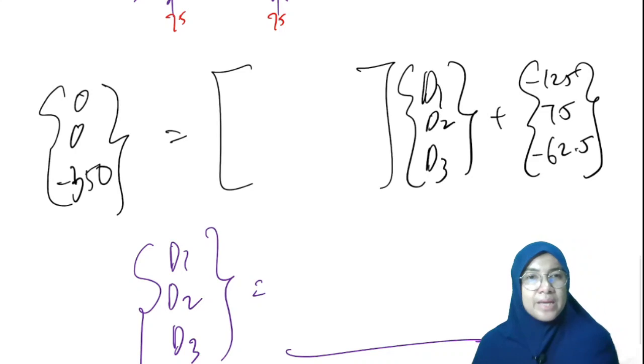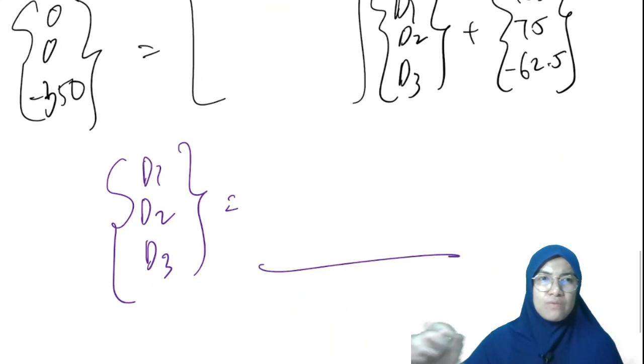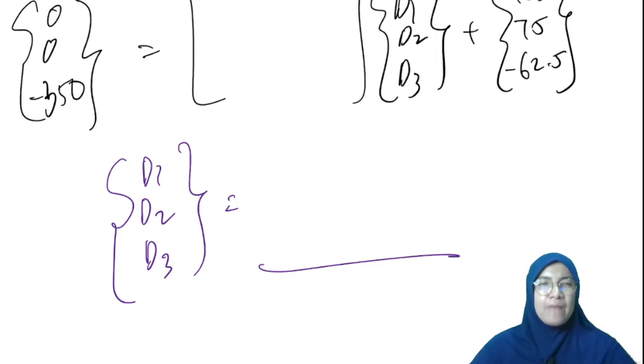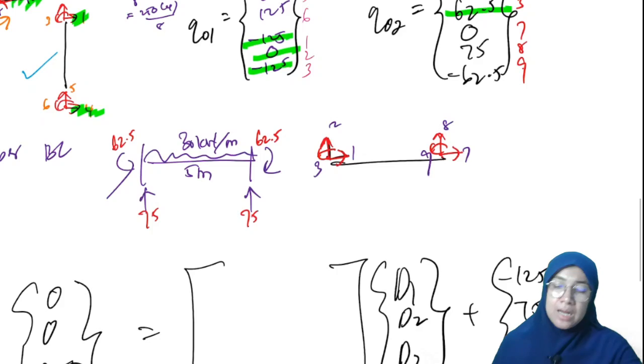Okay, I think that's all for this session. I believe every one of you has understood truss and beam. Frame analysis will be similar to beam analysis, except for the equivalent element forces.